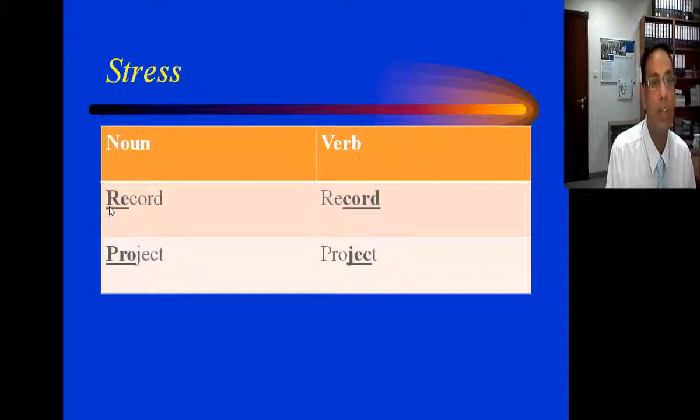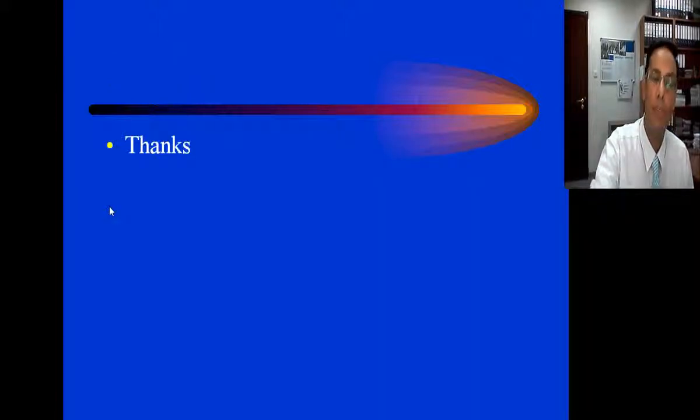We have record, record, project, project. So this is what we call stress and the structure of morpheme. Thank you for listening.